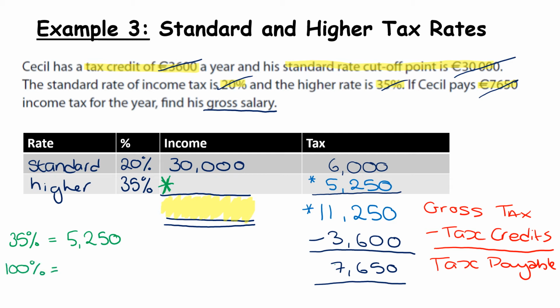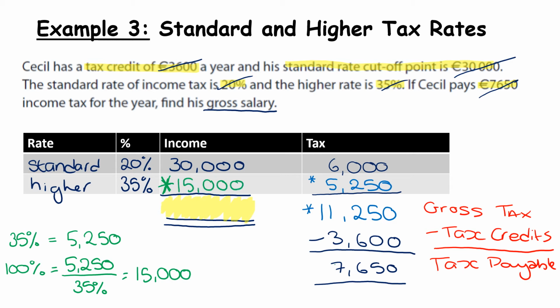Now, the easiest way to do this is, in my opinion, division. So it's 5,250 divided by 35%. Okay, and again, I love using that percentage button. You can work out what 1% is, so divide by 35 and then multiply by 100. But this gives us 15,000 when we do that, which gives us our amount here.